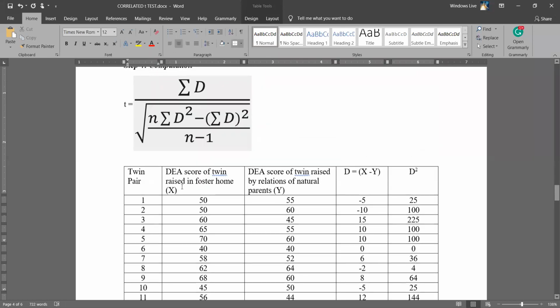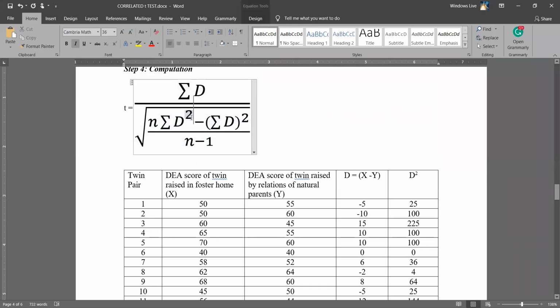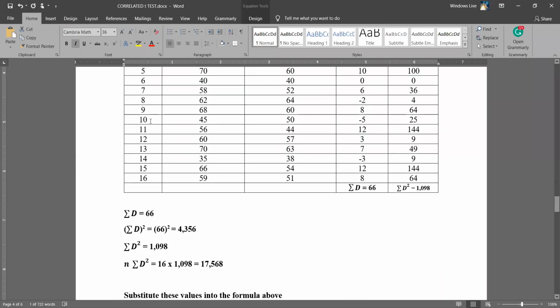So it means this side will be 16 times 1098. And that's what we've done, 16 times 1098. And that will give you 17,568.